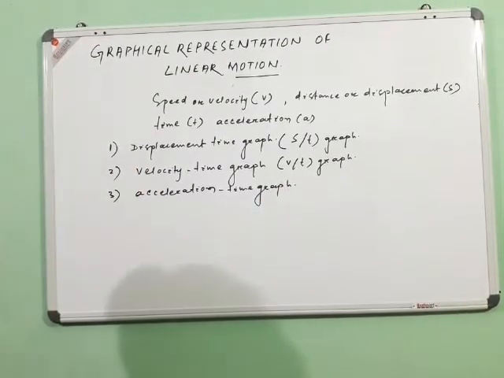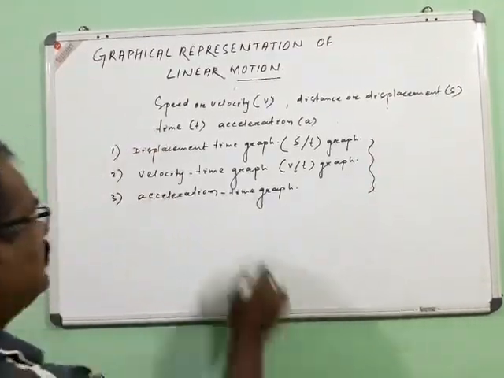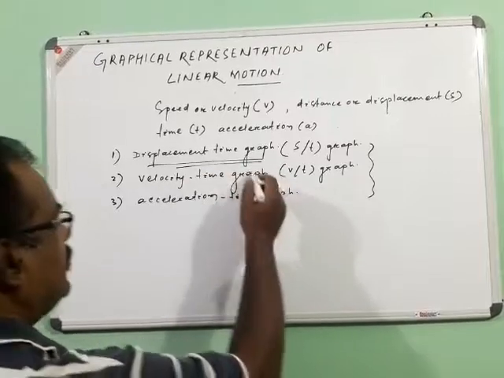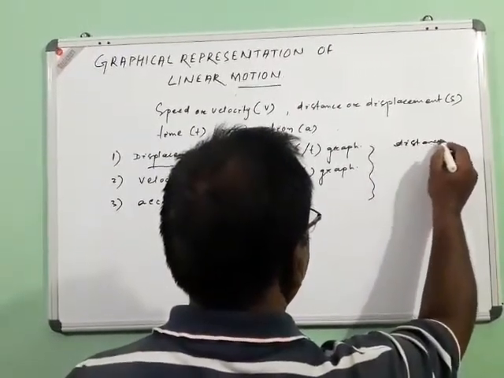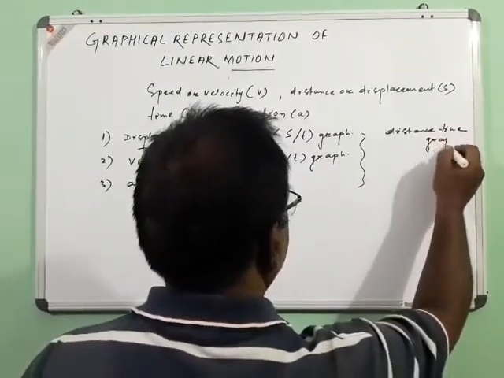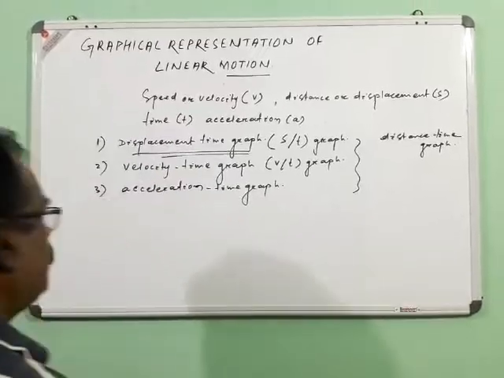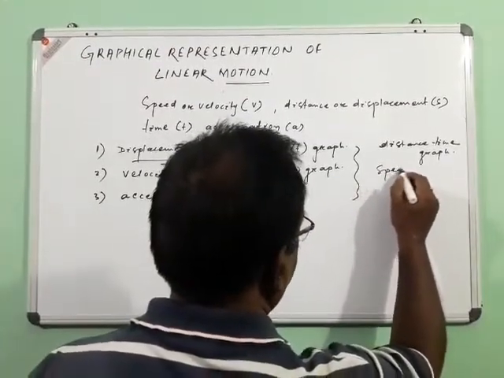Remember that in case of linear motion or motion in one dimension, displacement time graph and distance time graph both are same. Similarly, velocity time graph and speed time graph both are same.